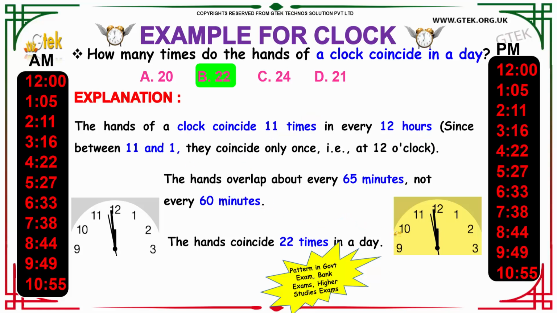So, your hands will overlap about every 65 minutes and not every 60 minutes. So totally, your hands will coincide 22 times a day, as given over here.